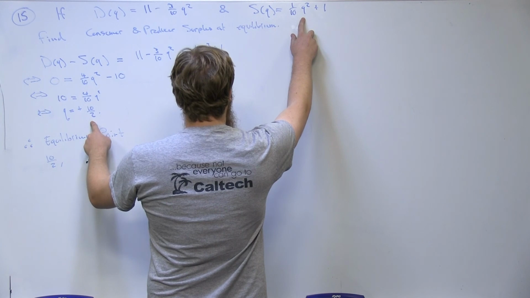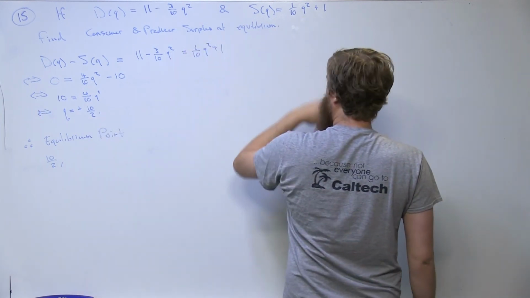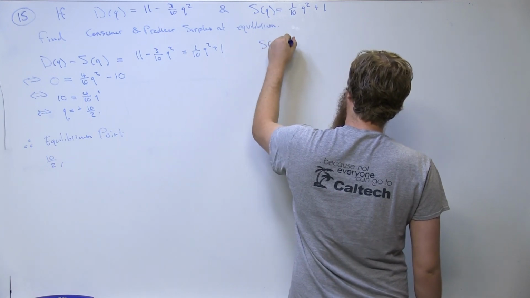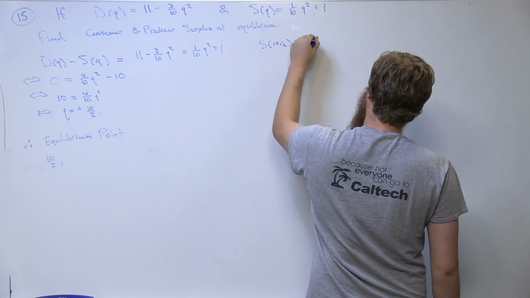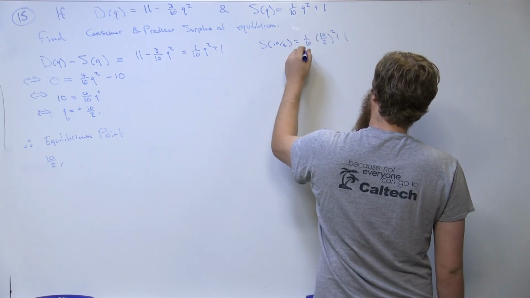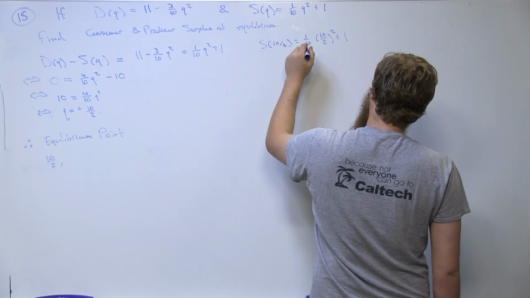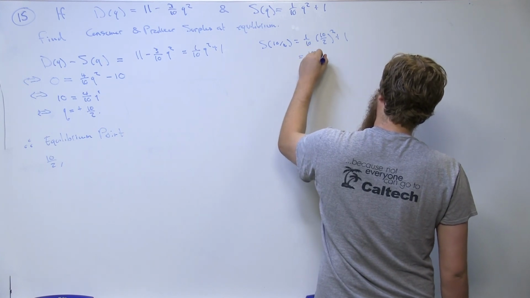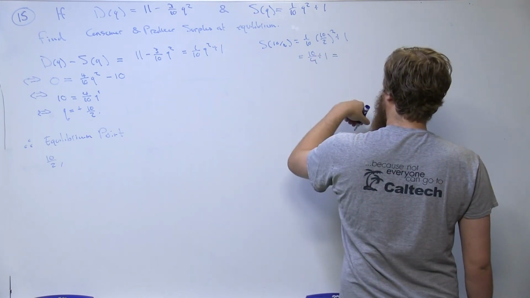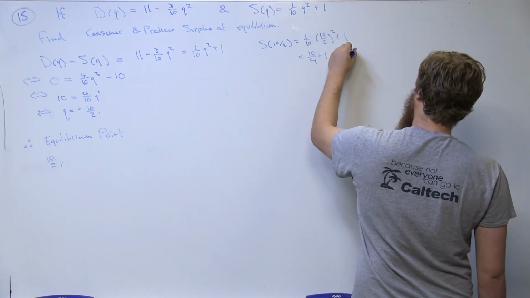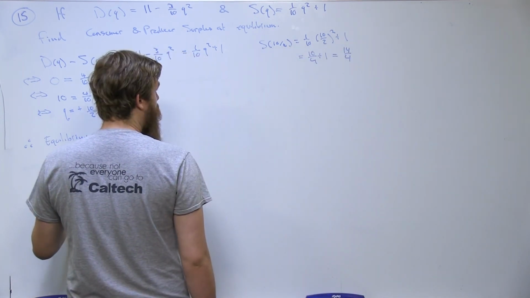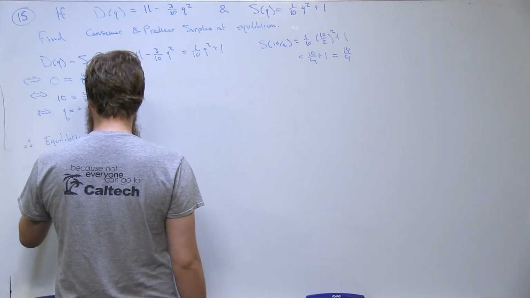If I plug 10 halves in here, S of 10 halves is 1/10 times 10 halves squared plus 1. That's 10 over 4, plus 1, that's 14 over 4. Okay, so that's our equilibrium point, 14 over 4, which is the same as 7 halves.